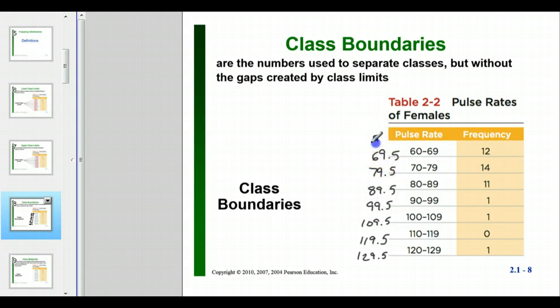So we go down to 59.5, and these would be the class boundaries for these classes. Alright, meaning anything in the 60 to 69 range falls in between these two numbers. Anything between the 70 to 79 range falls in between these two numbers. Okay, so that's what we mean by class boundaries.